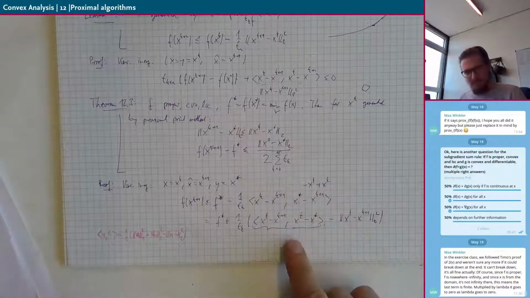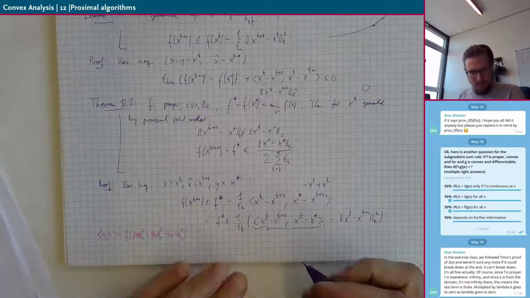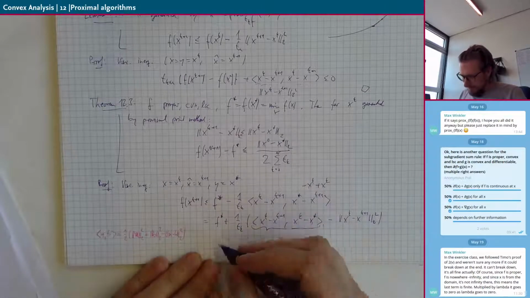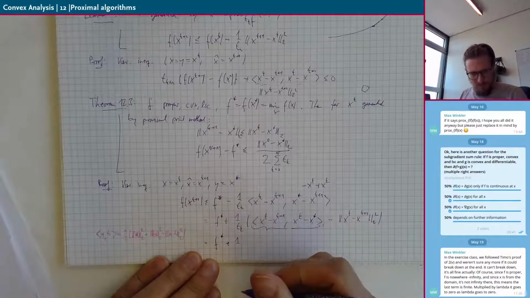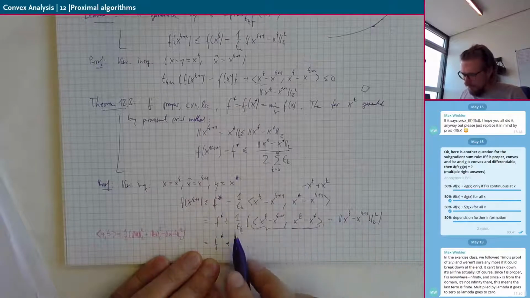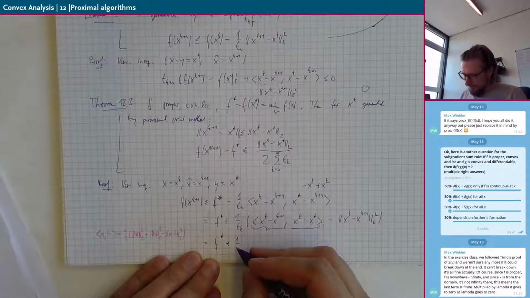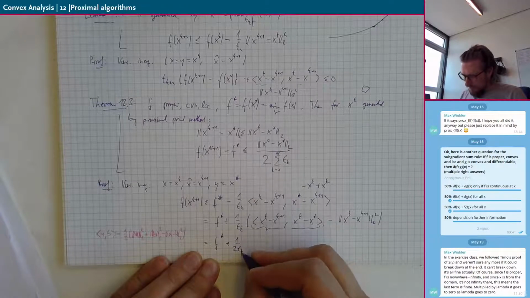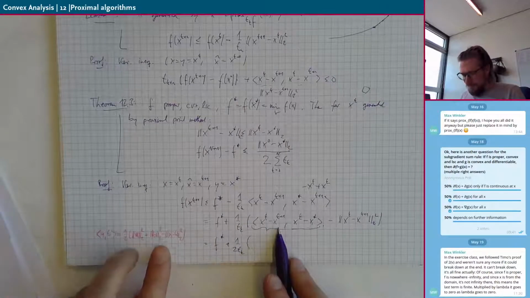So we do this here with this as a and this as b. What we get here is f star plus 1 over tk, and since we replace this by 1/2 of something, we just get the 2 out of the parentheses and put it here. So then we have this equals three norms.